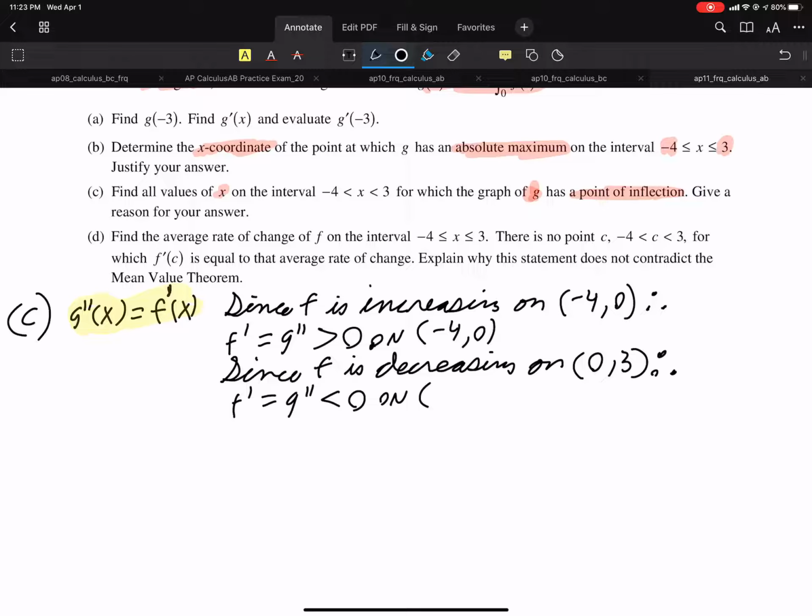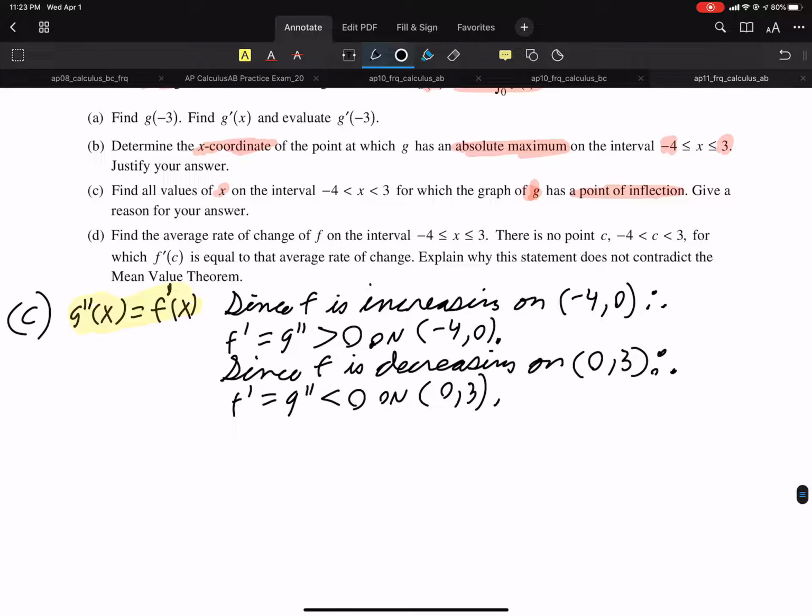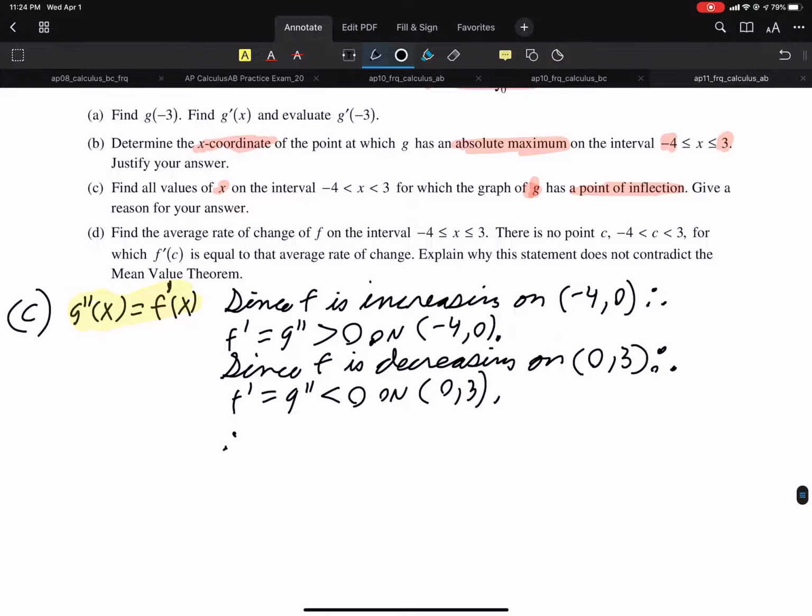On that interval. Okay, so we see there is a point where g double prime changes signs, and namely at 0. Because up to 0, g double prime is positive, and after 0, g double prime is negative. So we are finished.